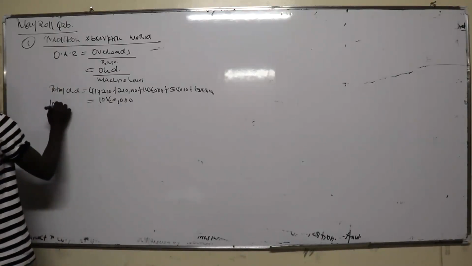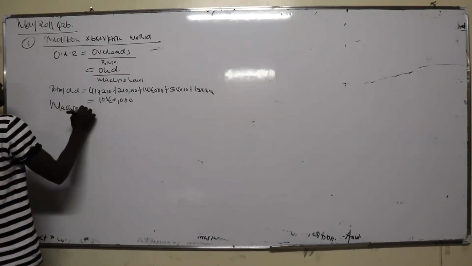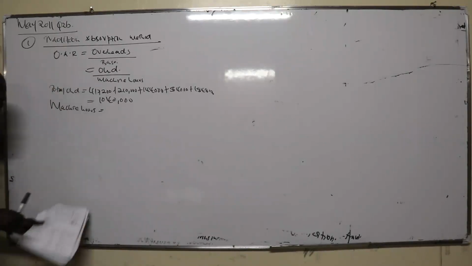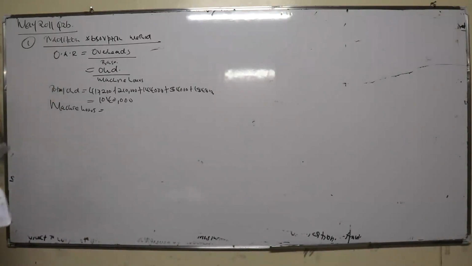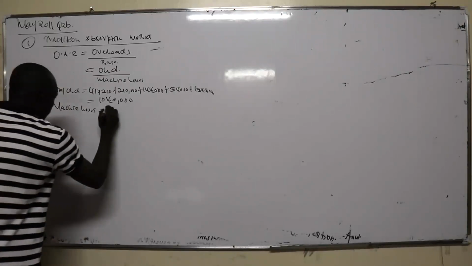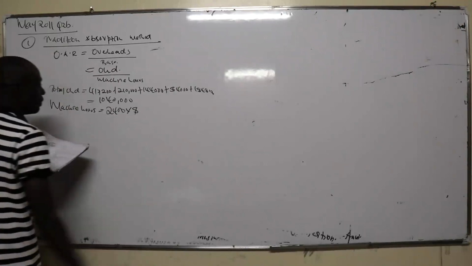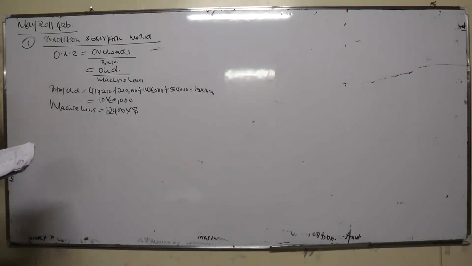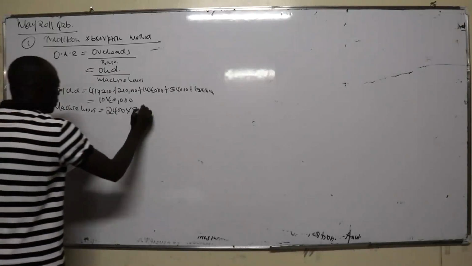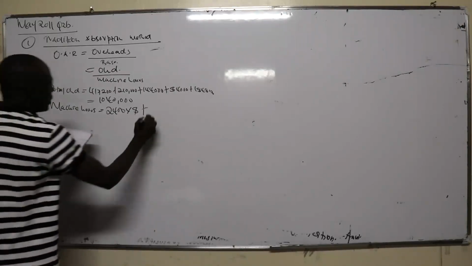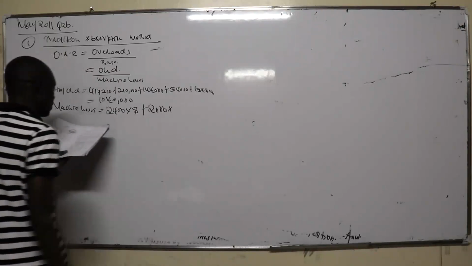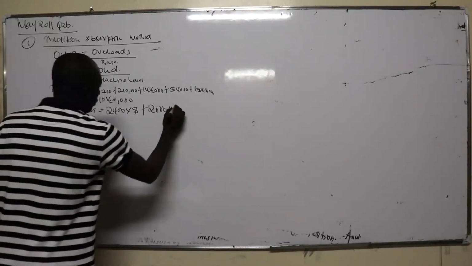And then the machine hours. We're going to get the total machine hours. We have been told in the question that product A requires 8 machine hours per unit. So 8, and the total number of units produced is 2,400. That will be the total machine hours for product A. Product B, they're going to produce 2,000 units and each unit requires 6 machine hours, so we multiply by 6.